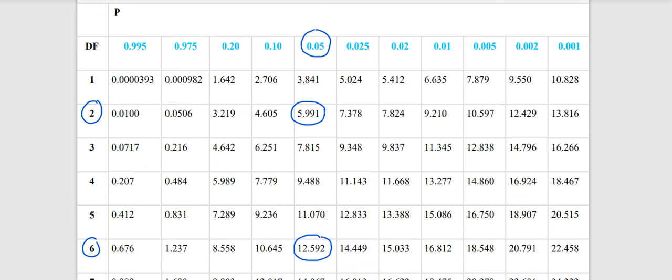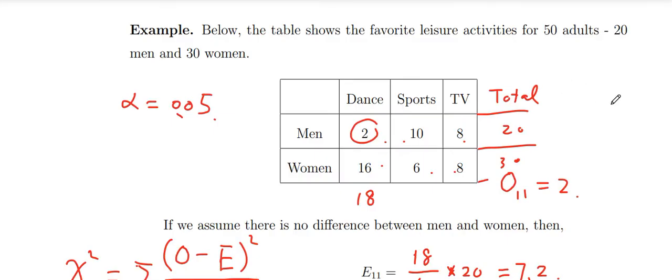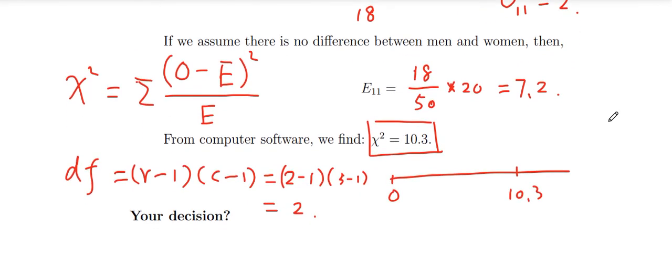Then we just check it. Use this to determine whether it is a big number or small number. The critical value is 5.991, right?